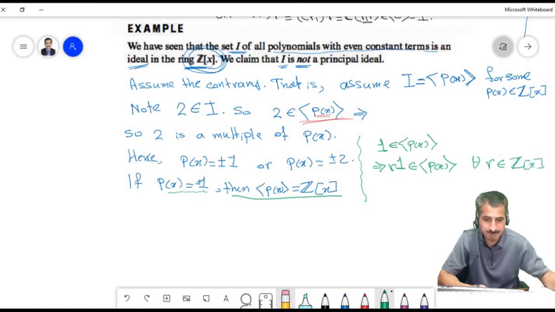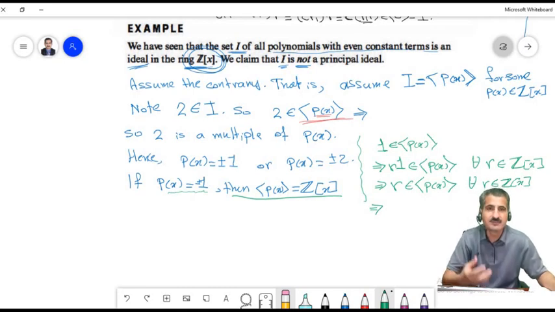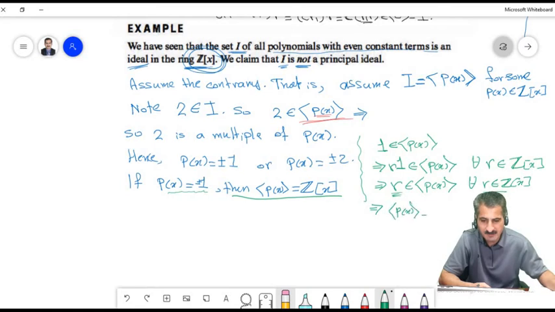But r times 1 is r, so r belongs to this ideal for every r in the ring. So the ideal is contained in the ring, and now the whole ring is contained in the ideal. So in such a case this ideal gives the whole ring.